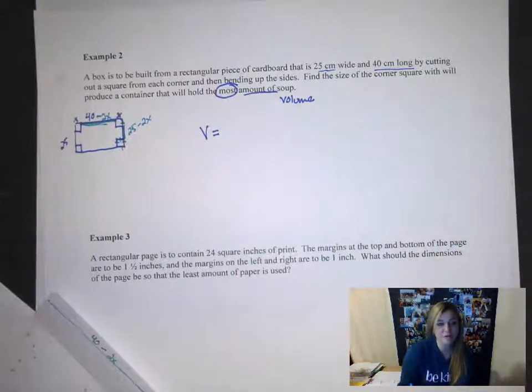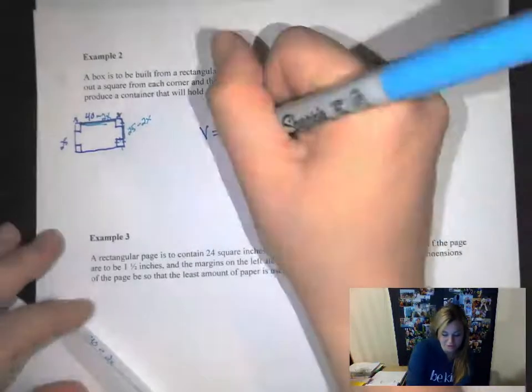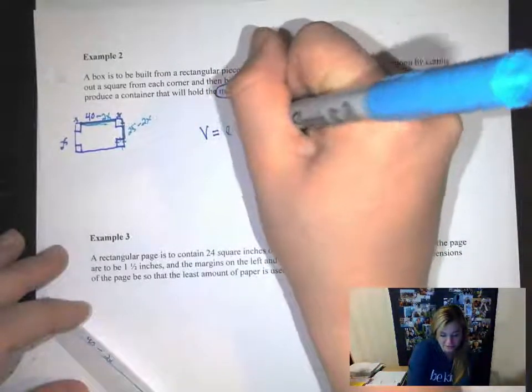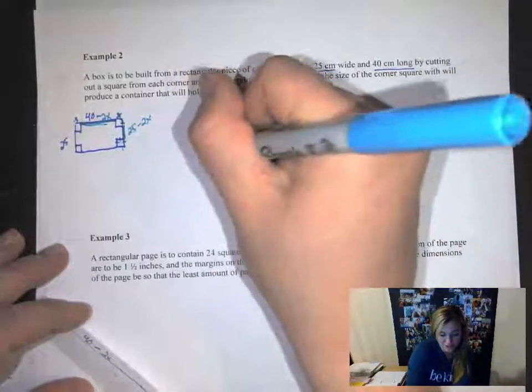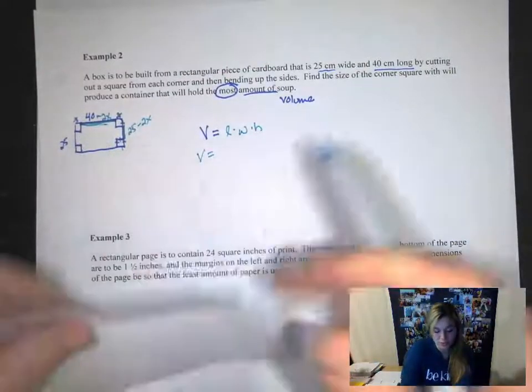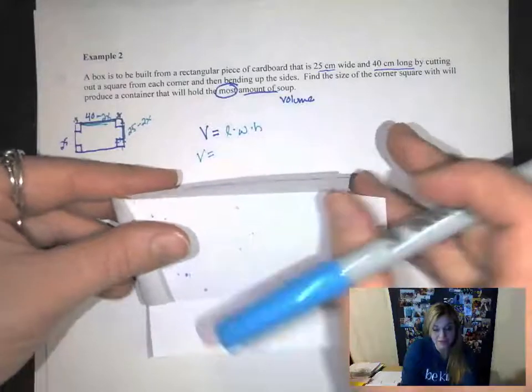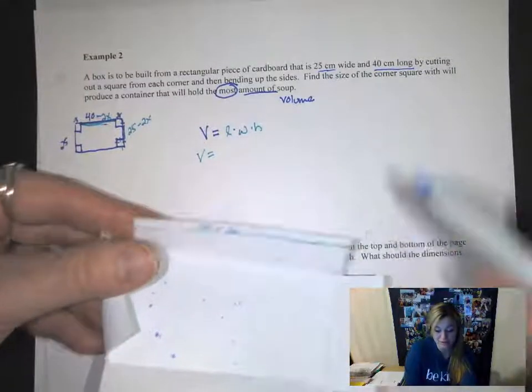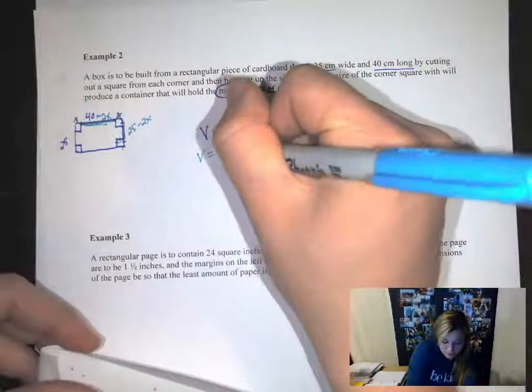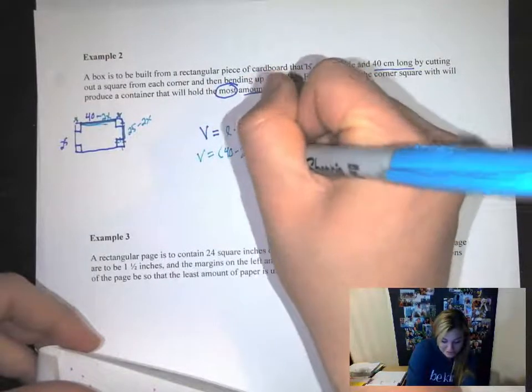Okay, so if I want volume, and I know volume is length times width times height, I need to figure out what each one of these things is. So this one, we just said was going to be 40 minus 2X. So these are my constraints.